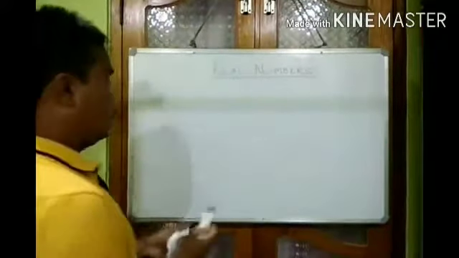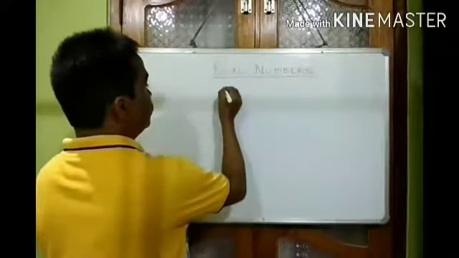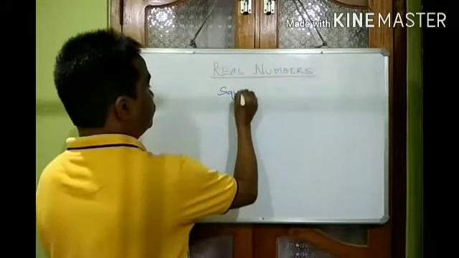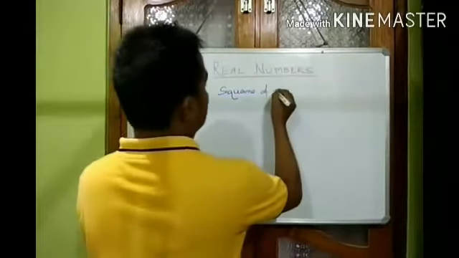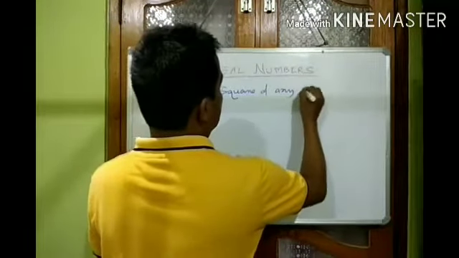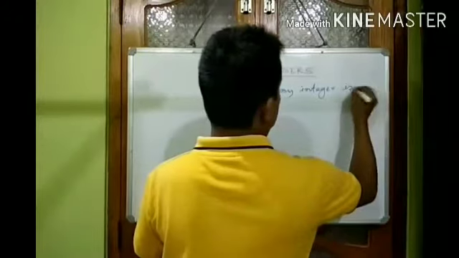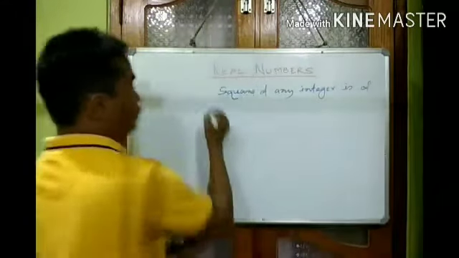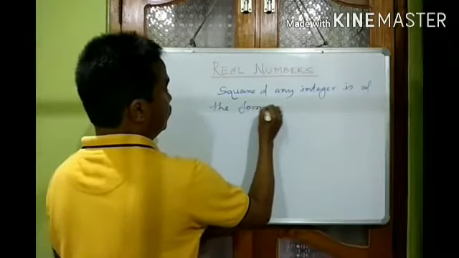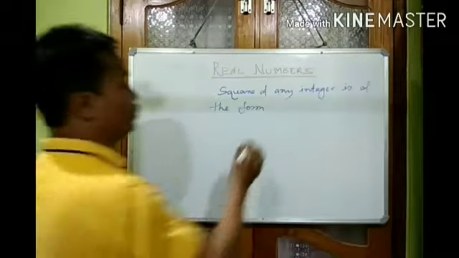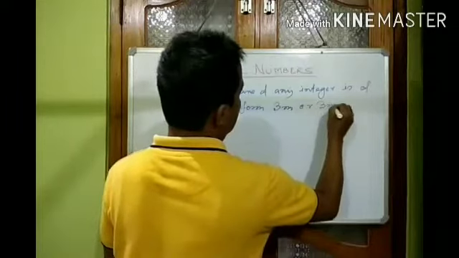Show that the square of any integer is of the form 3m or 3m plus 1.